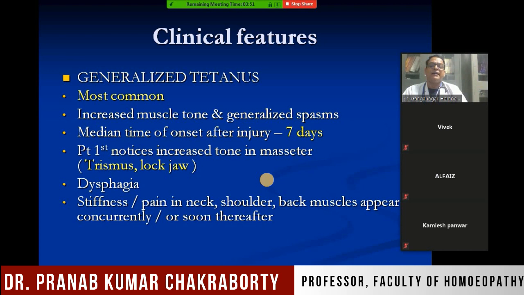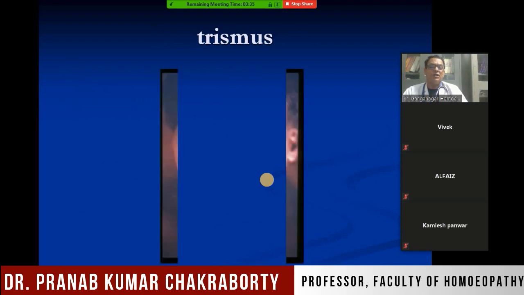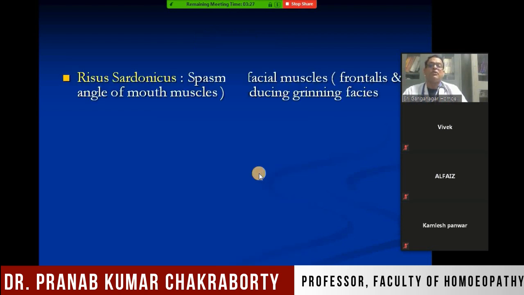Stiffness of the neck, pain in the neck, shoulders and back muscles appear concurrently and soon after. Then a rigid abdomen and stiff proximal limb muscles, with spread to hands and feet. That is how it is a trismus condition. You see, this is the lockjaw condition, involving the masseter muscle.